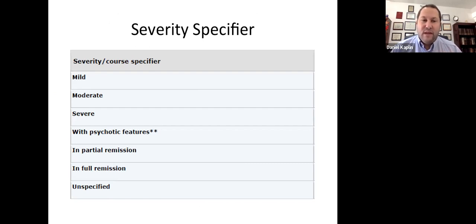And the classic course specifiers are mild, moderate, severe. We also have with or without psychotic features. And we have in remission or partial remission, which means that it's starting to go away, or unspecified when it doesn't fit one specific criterion.